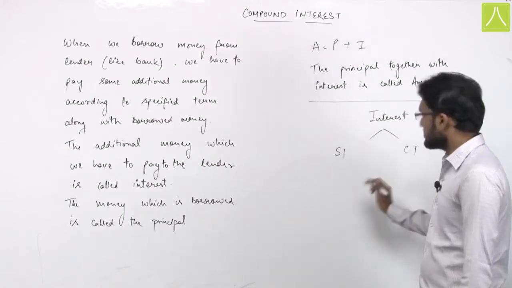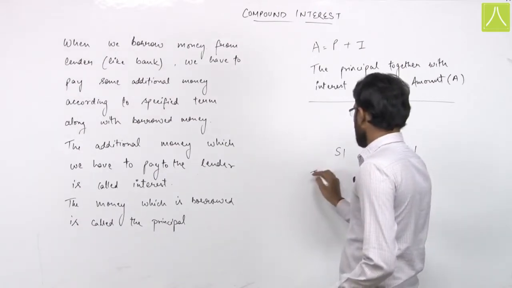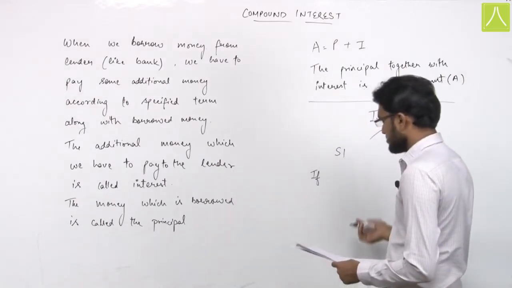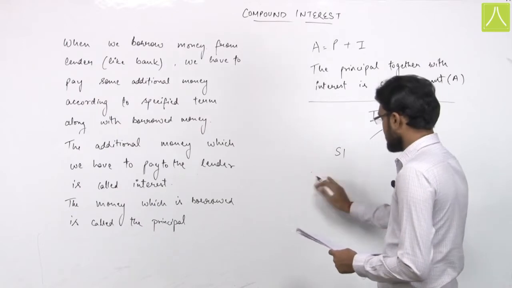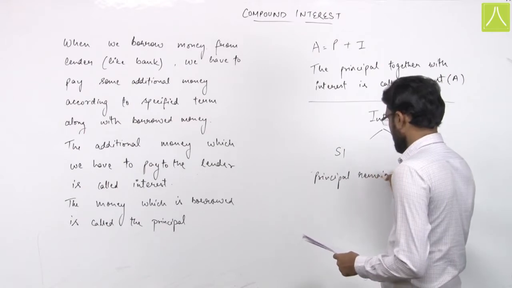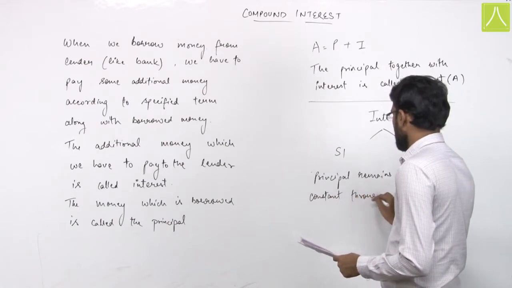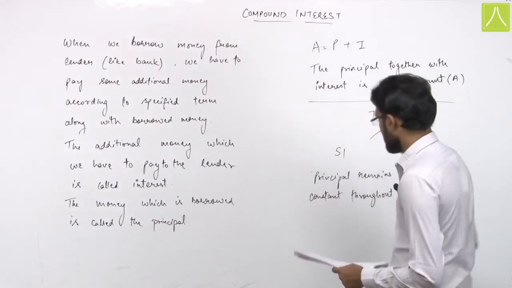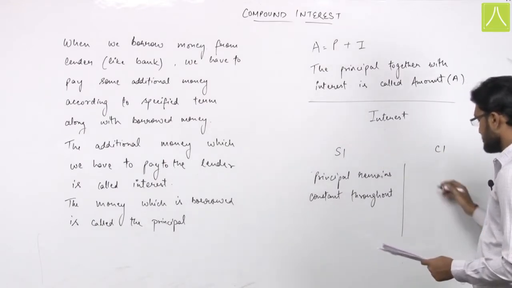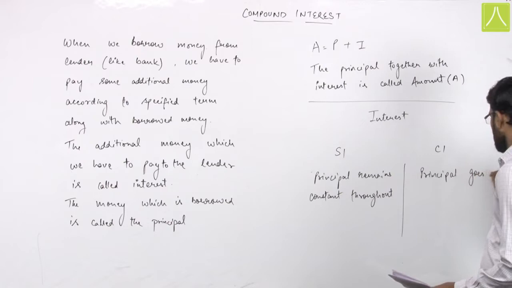So there are two types of interest: simple interest and compound interest. The main difference is that in simple interest, the principal remains constant throughout, whereas in compound interest, the principal goes on changing periodically.